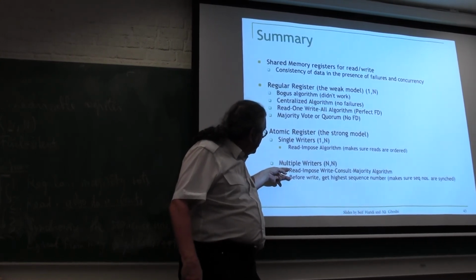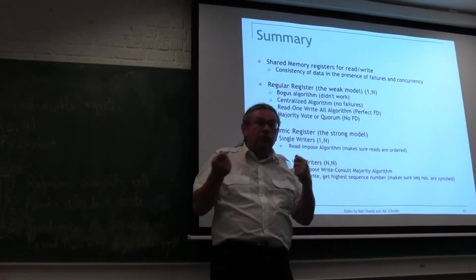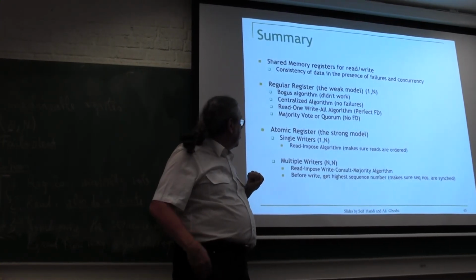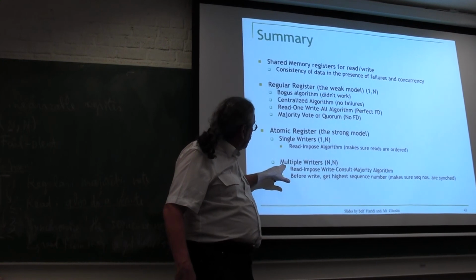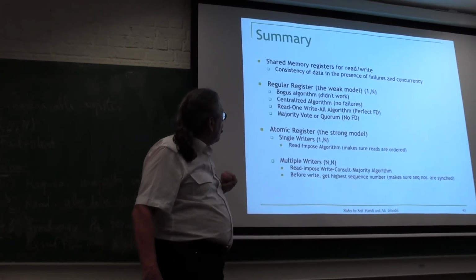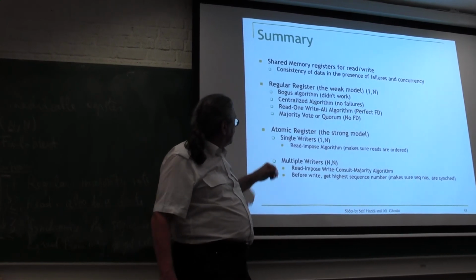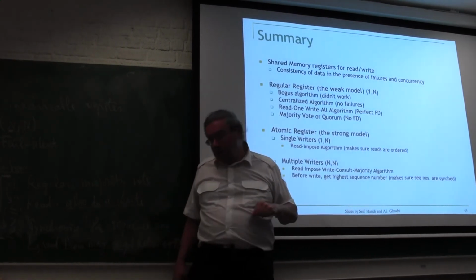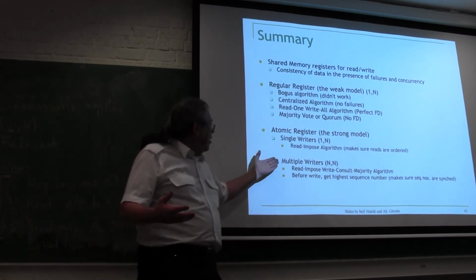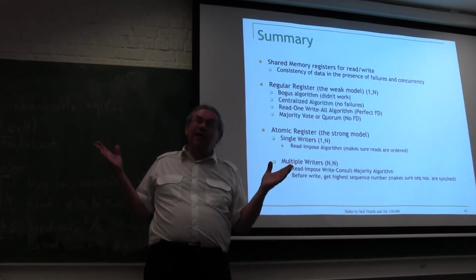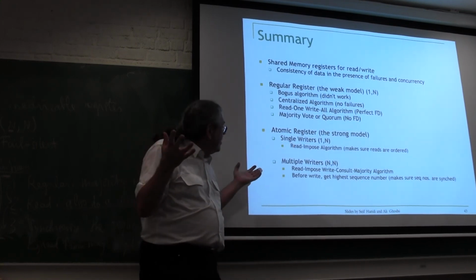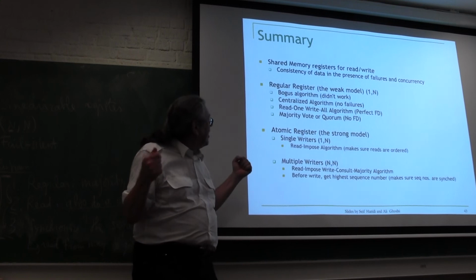If you have two concurrent writes, you have to do a tie break, and there are some small things you have to do. That gives you a multiple-writer atomic register, which works with no failure detector. So that gives us the strongest algorithm we have for the internet. You see, it's not so simple. The internet is not always simple.